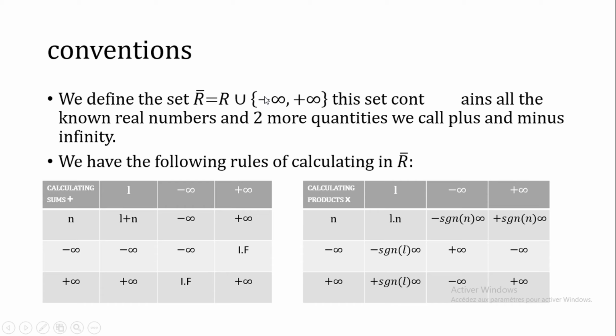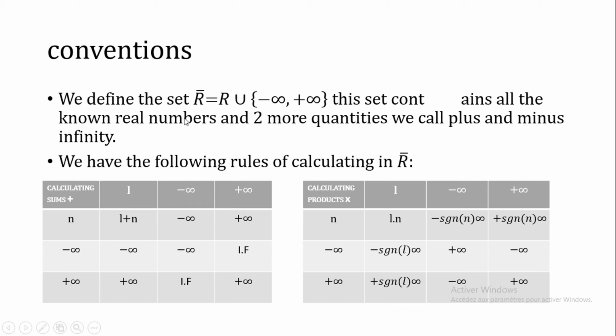They are just intuitive notions. Well, it's the same in R bar, but we treat them like numbers. So we have the rules of calculating in R bar. It's practically almost the same as with R.